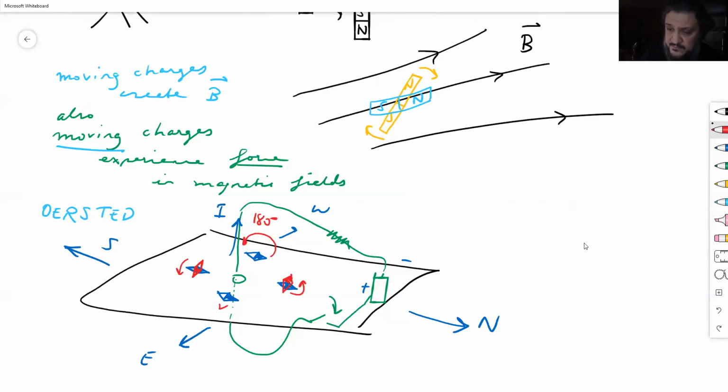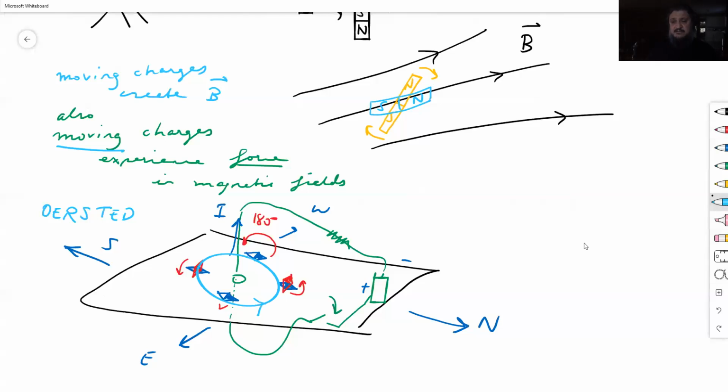And if you do this experiment at various points, you can easily find out that the loop in this case will be simply a circle of a fixed radius. Along that circle, you will have a magnetic field. All right.